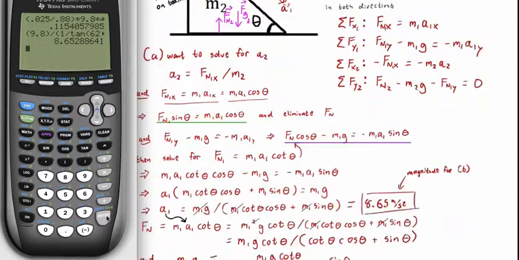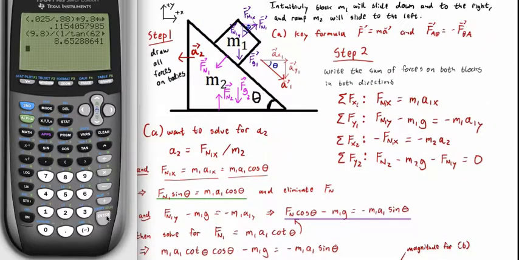Or rather, we know that it's following the angle of the ramp. If we look at the acceleration, it has to follow the ramp. So it's no mystery in the sense of projectile motion, when an object crashes into a wall, we don't know how fast it's moving, and it can crash at an angle that's completely created by the kinematics before it crashes. But here, we know that m1 is going to slide down the ramp. It's not going to lift off the ramp or bore down into it.